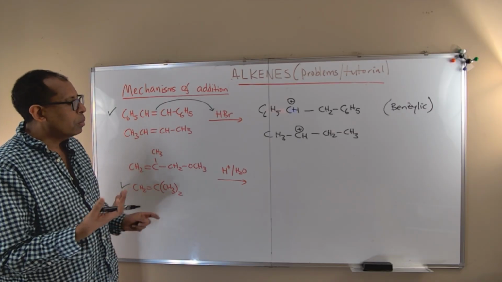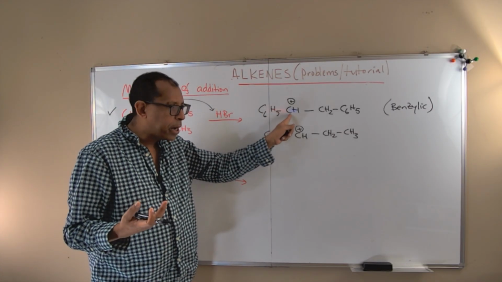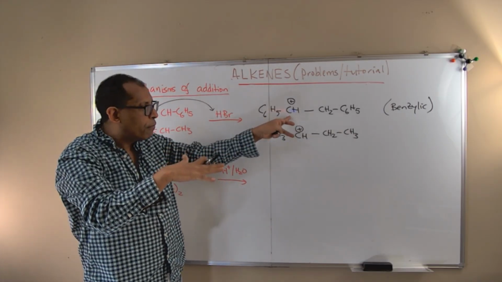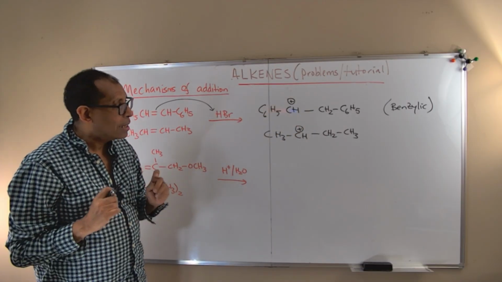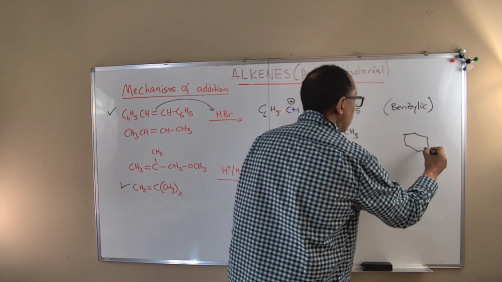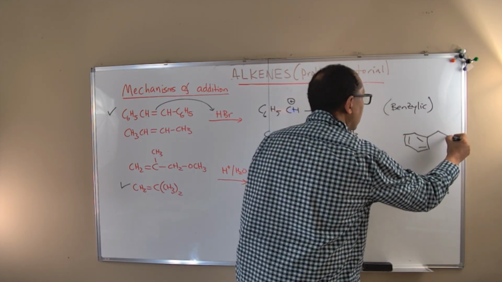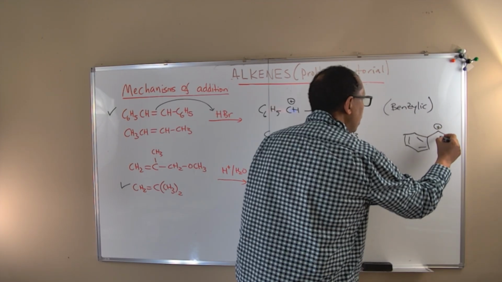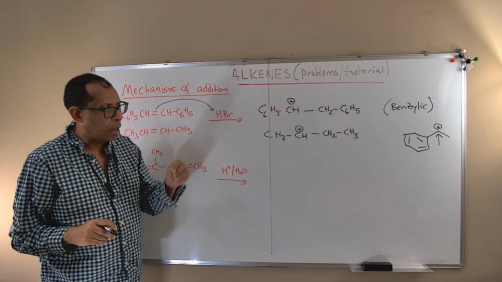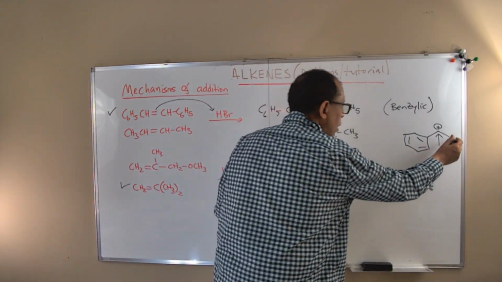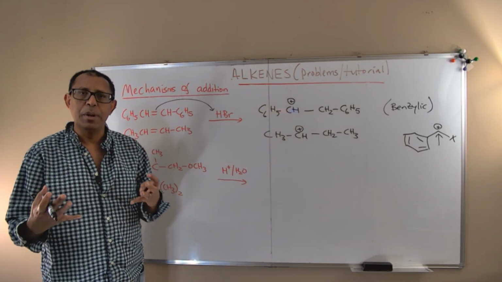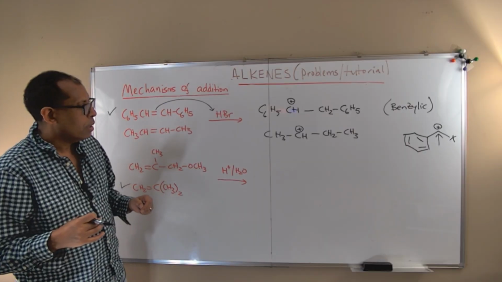The most important thing is that carbocation stability drives the activation energy for forming this benzylic carbocation. The benzylic carbocation is something like this: you have C6H5, and the carbocation is formed right there. If you form a carbocation in that position, it's called a benzylic carbocation, which is even more stable than a tertiary carbocation.